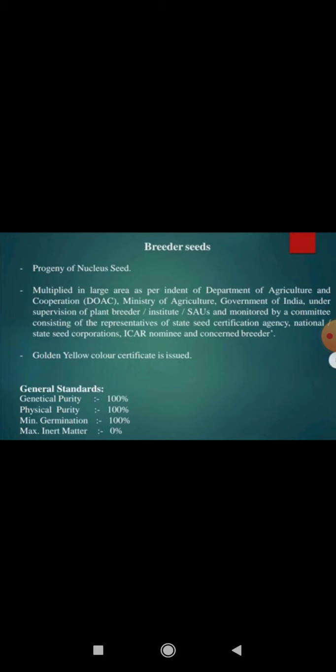It produces the foundation seed stage one and the foundation seed stage two. Then the foundation seed stage.